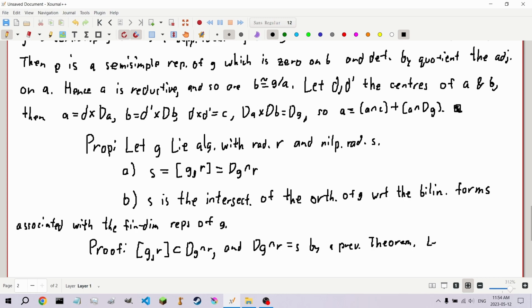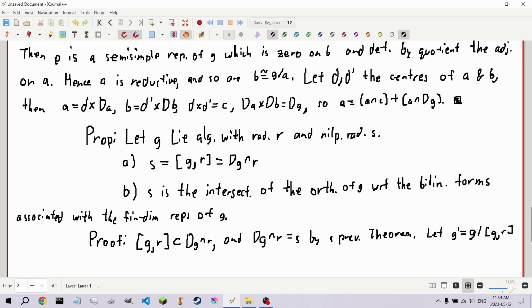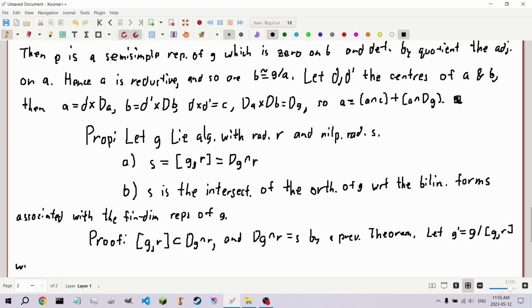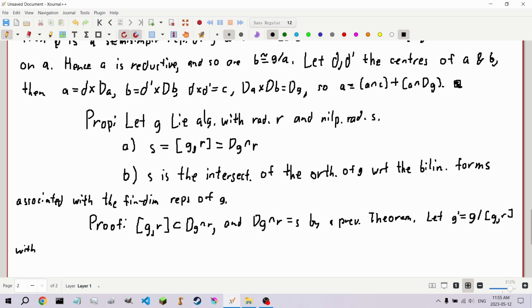So we're going to let G prime be G over the bracket of G and R, with F from G to G prime the canonical homomorphism.